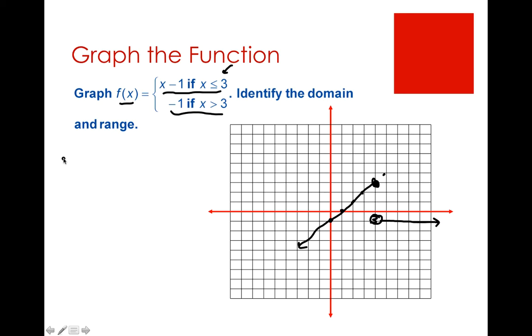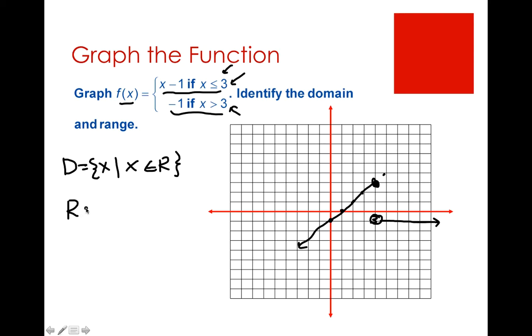If I ask you for the domain after graphing this, if I have x values less than or equal to 3, I'm going to use this function. And if they're greater than 3, I'm going to use that function. So all of the x values in the real number system are found in part of this graph.